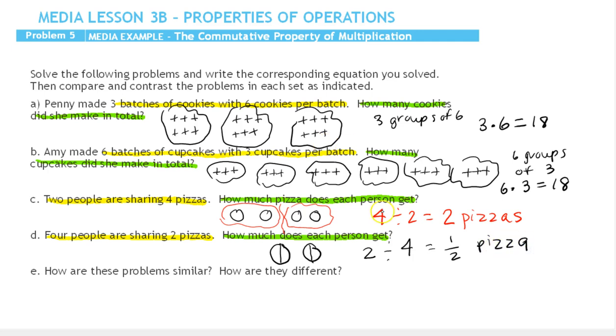So notice reversing the order of division gives us different answers. The results are not equal. So it's okay to reverse the order in a multiplication problem. You won't affect the answer or outcome, but it is not the same in a division problem. So they are similar because the numbers used are the same.